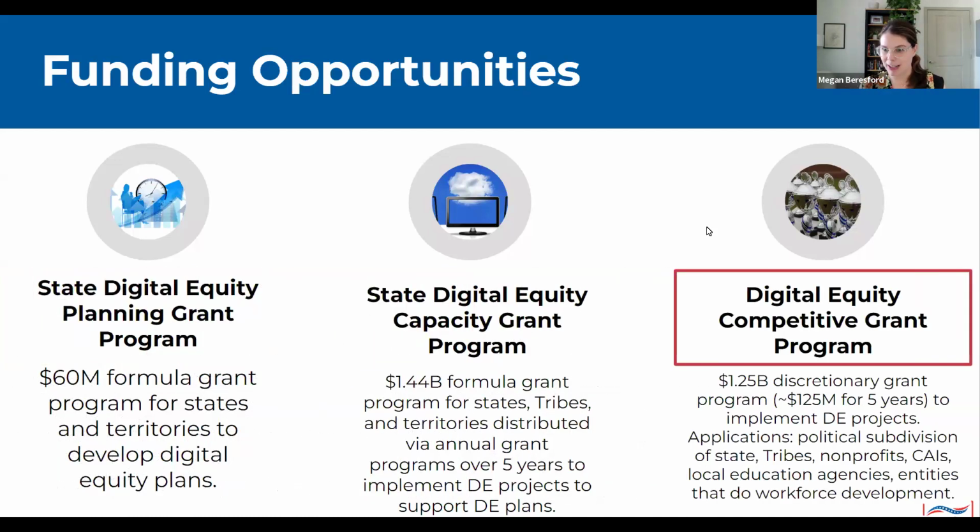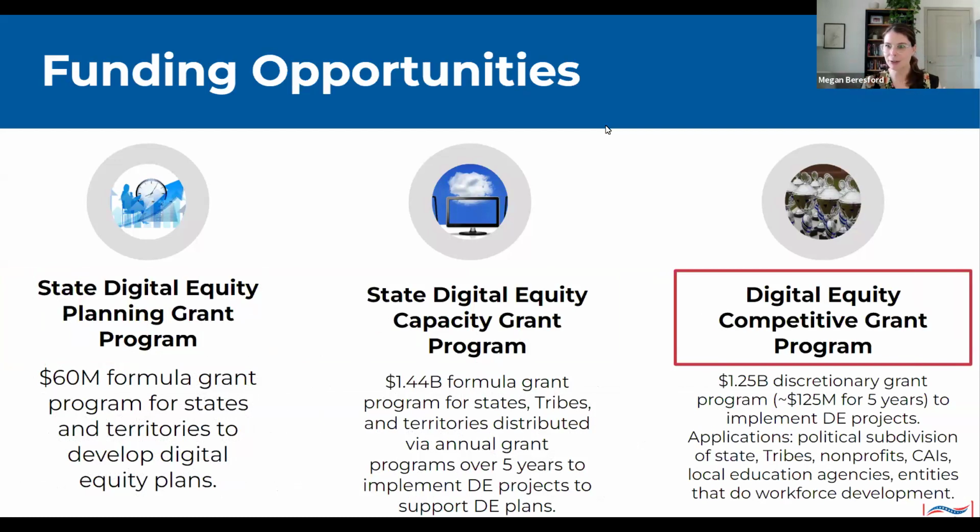But everyone is going to have a chance to compete for funds with the Digital Equity Competitive Grant Program. This is a discretionary grant, which means it is competitive, right? If you are an eligible applicant, you can submit. This includes political subdivisions, tribes, nonprofits, community anchor institutions, local education agencies, people that do workforce development.